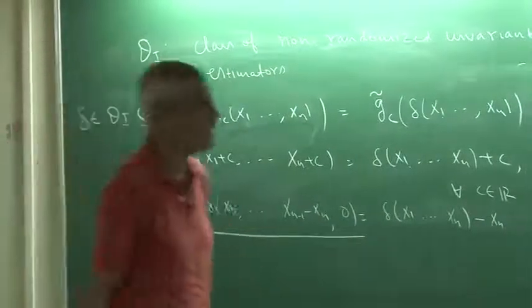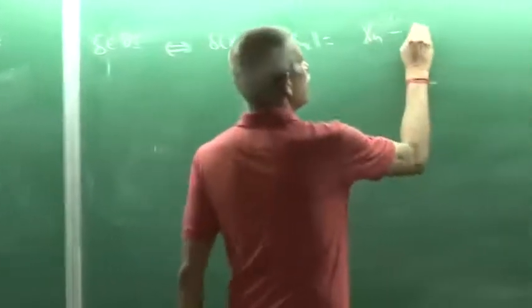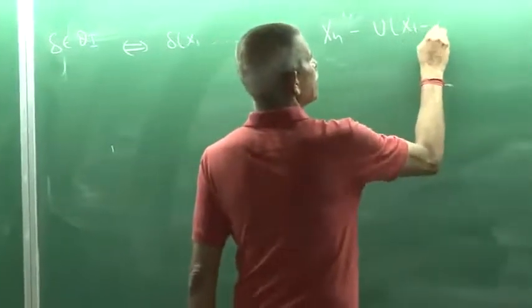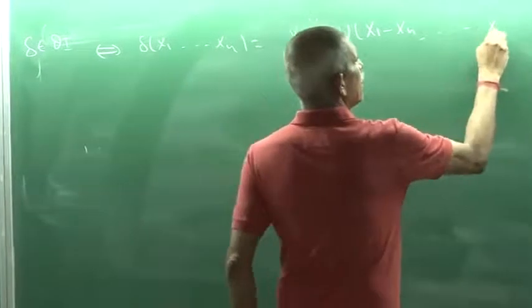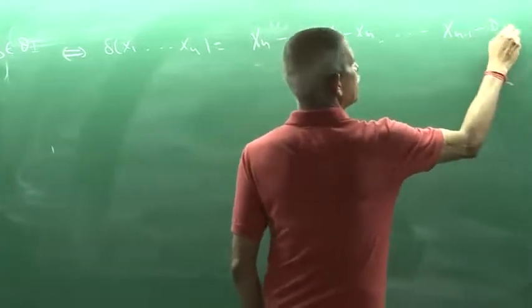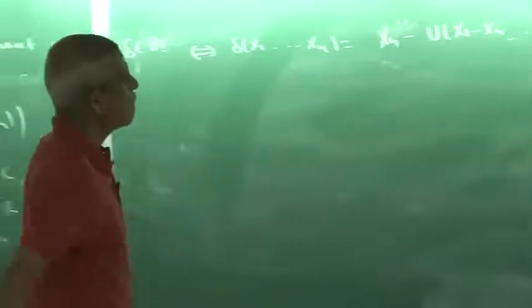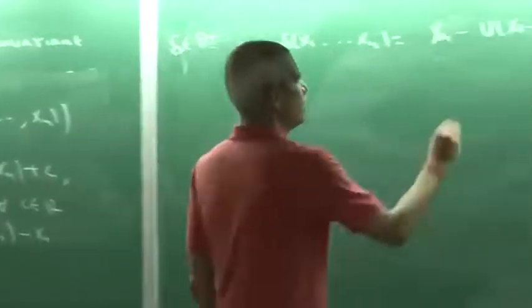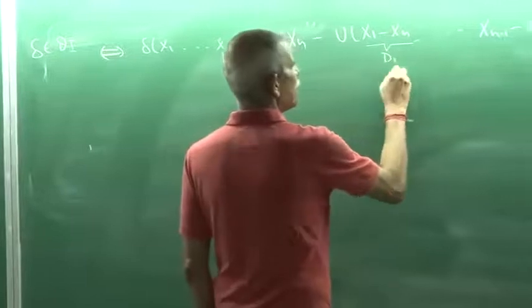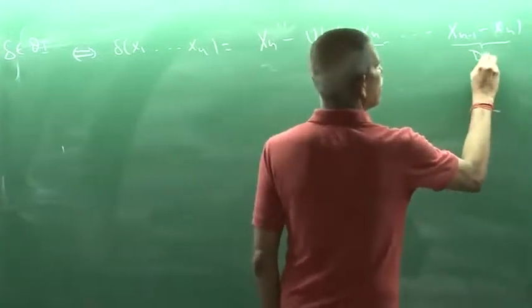So I can write that as xn minus u of x1 minus xn, ..., xn minus 1 minus xn. I can call them d1, d2, dn minus 1. So what does this suggest?